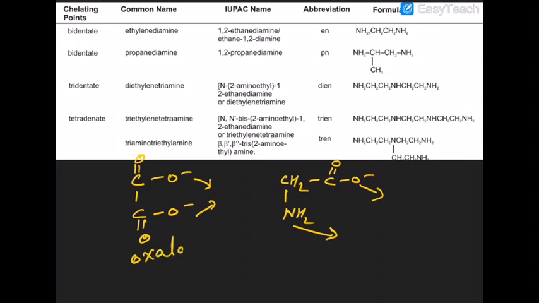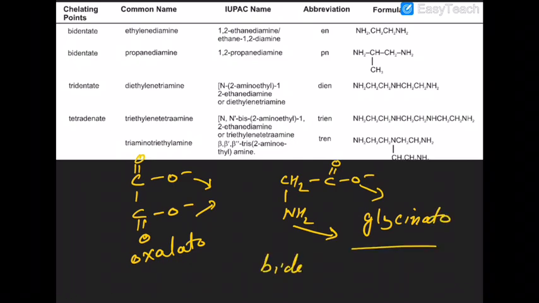This is oxalato, this is glycinato. Both are bidentate ligands. Glycinato contains -1 charge, oxalato contains -2 charge. Through two different atoms, electrons can be given.